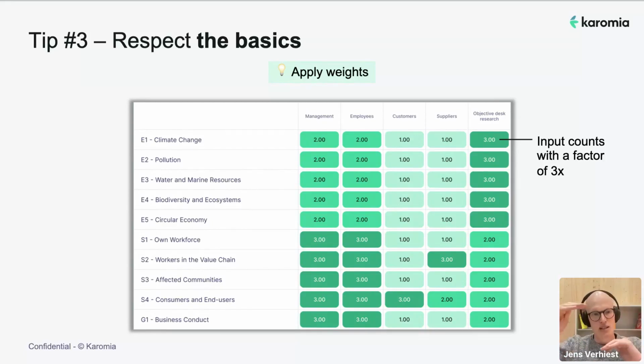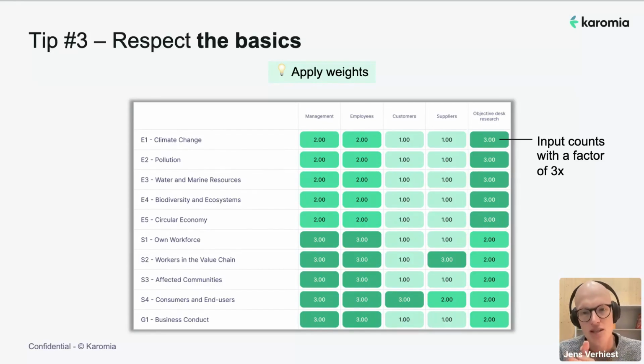So you can really match, and you can really say, my employees, for example, I truly value their input on S1. Or when it comes to suppliers, they really have a lot to say about S2, workers in the value chain, because that talks directly about them. So that's a distinction that you can then make when you bring all of the different scores together.